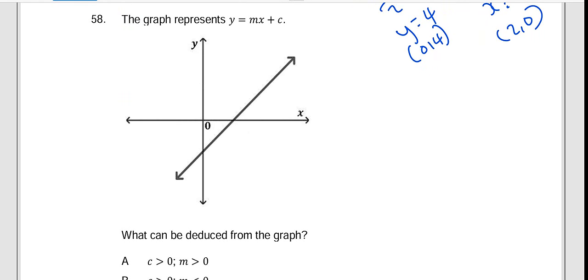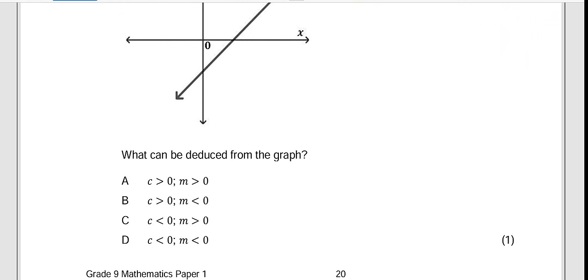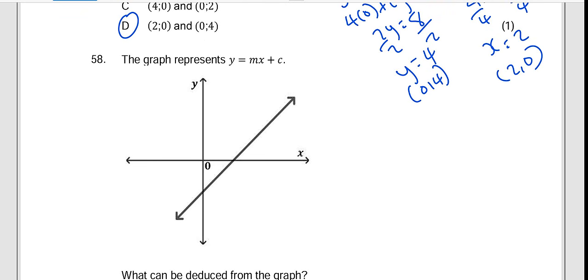Number 58. The graph represents y equals mx plus c. What can be deduced from the graph? When you see this graph cutting, just know that the y-intercept here is negative, and the gradient is positive.